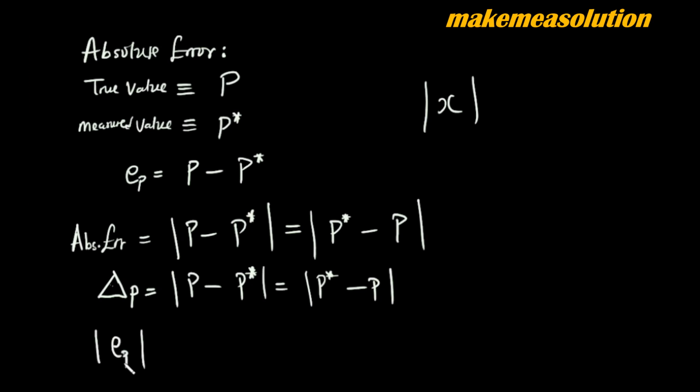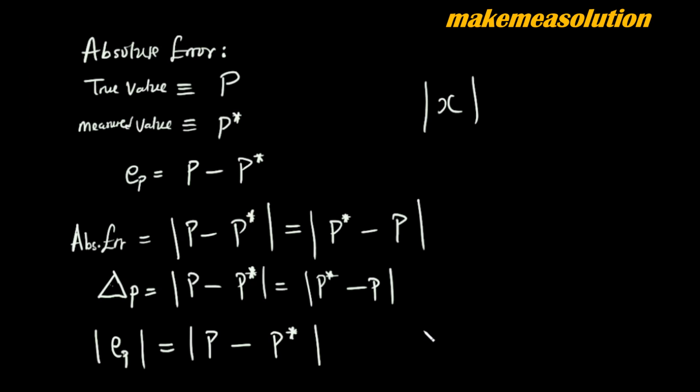So absolute error in measuring this particular quantity p is given as the true value minus the measured value. The definition of absolute error is the magnitude of the difference between the true value of a particular quantity and a measured value of that same quantity.